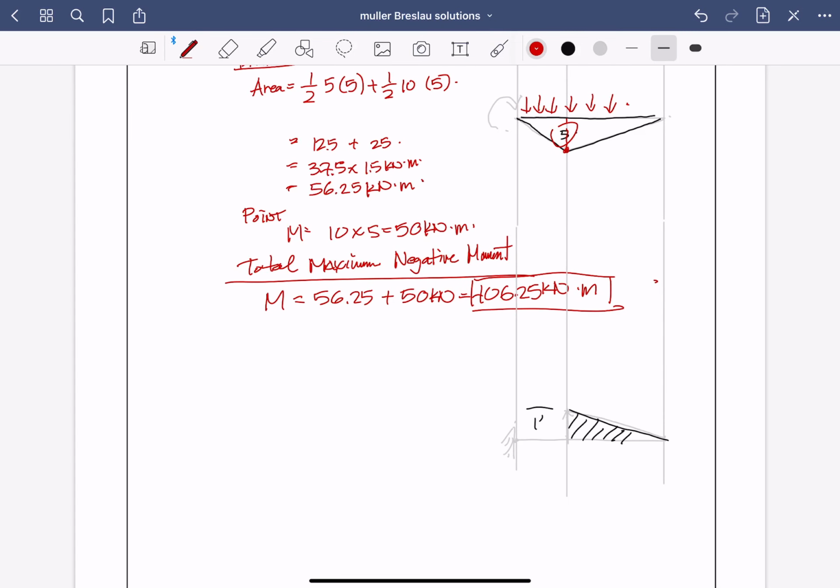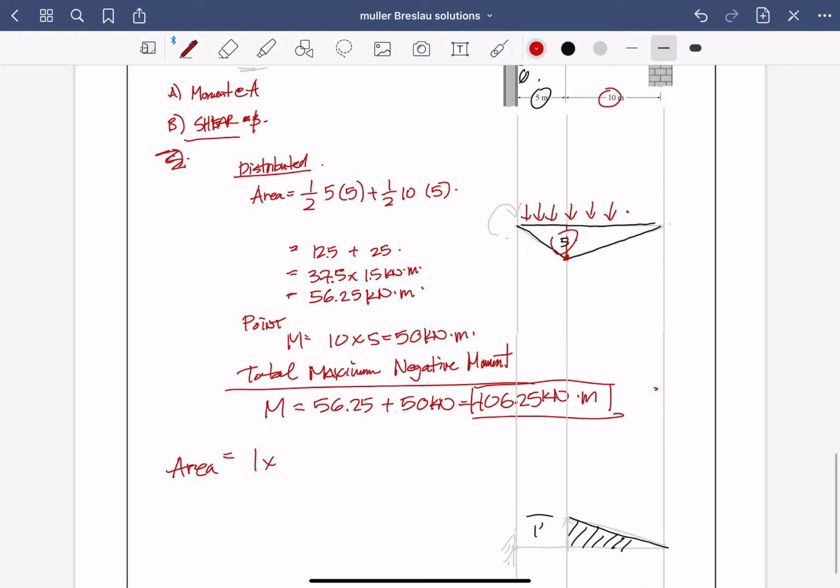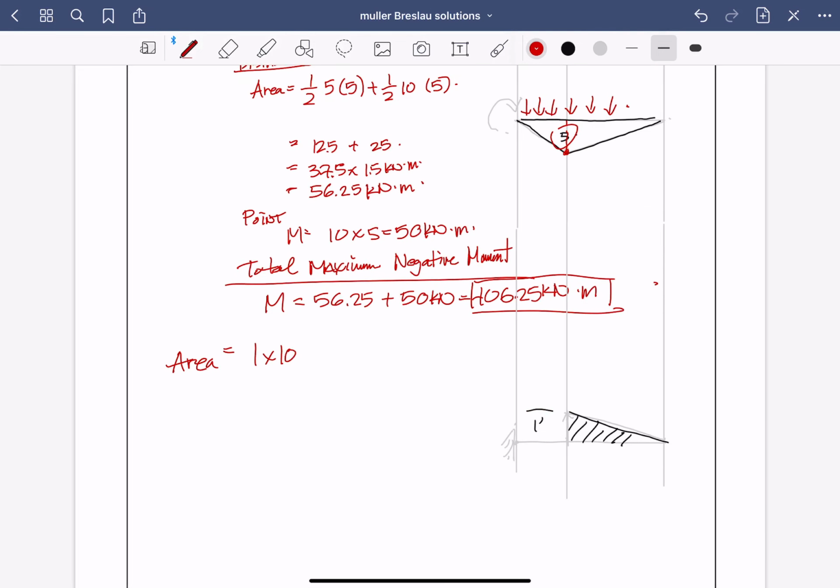We have a distributed load. So the area is equal to 1 times 10 meters times half, which is equal to 5. And that's due to a distributed load, total area, right?